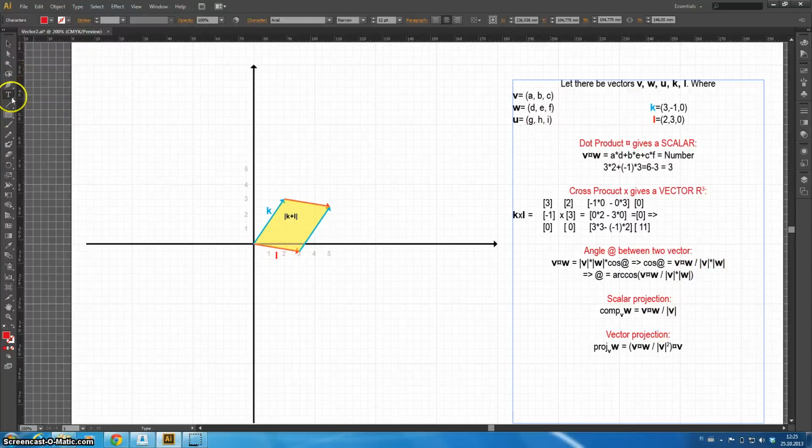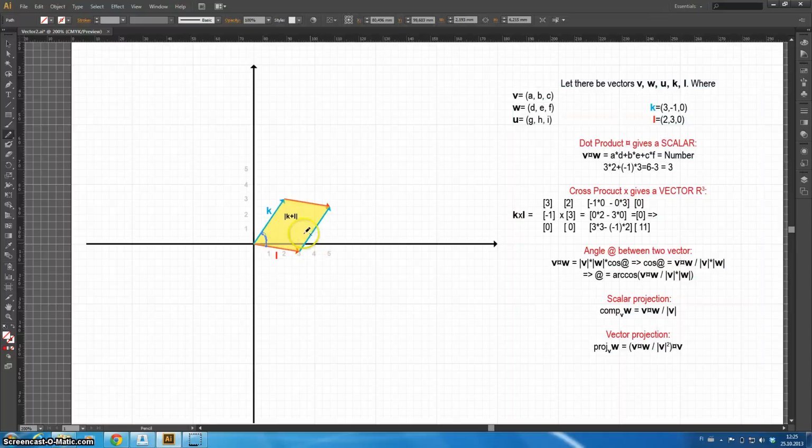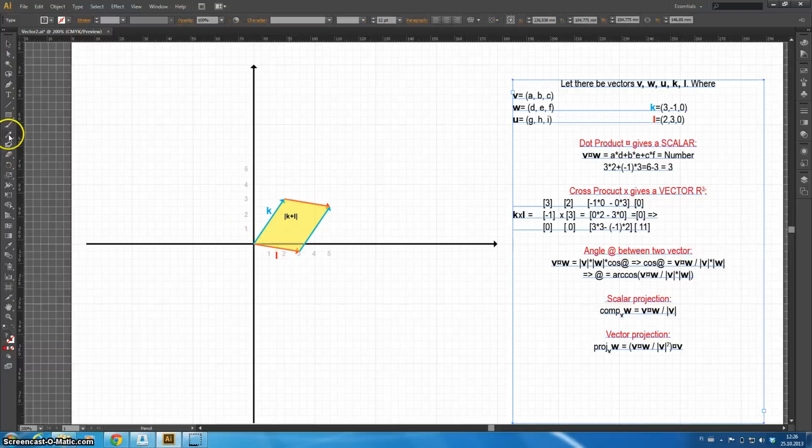And then there is an angle between the two vectors. The angle over there. Let's draw it. Oh, what happened? Let's take a pencil over there. Oh, this doesn't work perfectly.